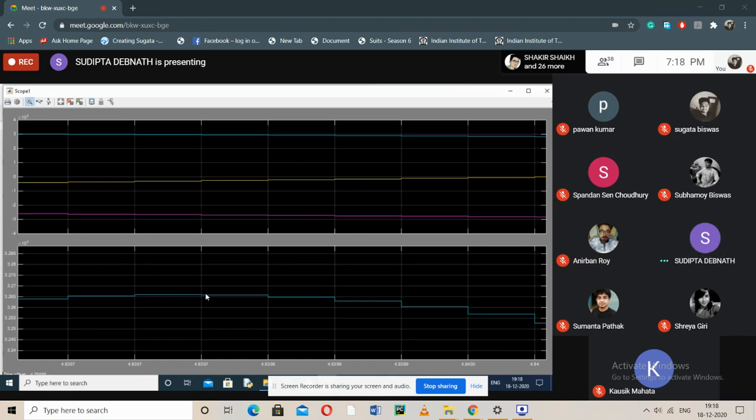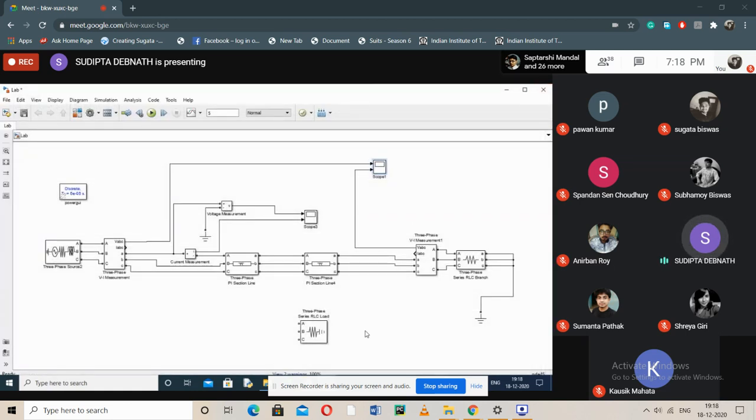So this is all about the performance of the long transmission line. We have considered both the Ferranti effect and the surge impedance loading condition.